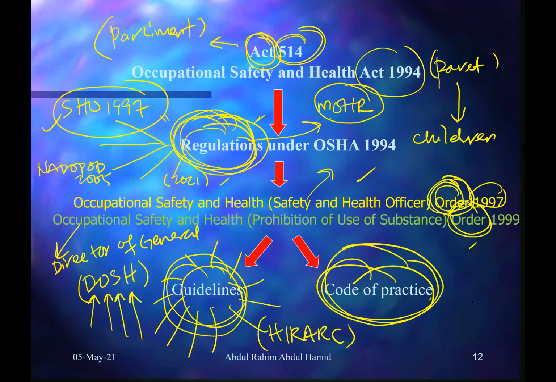Unfortunately, with regard to these two, code of practice and guideline, we do not have as many codes of practice as we are supposed to. So the development of guidelines and codes of practice is a little bit slow.